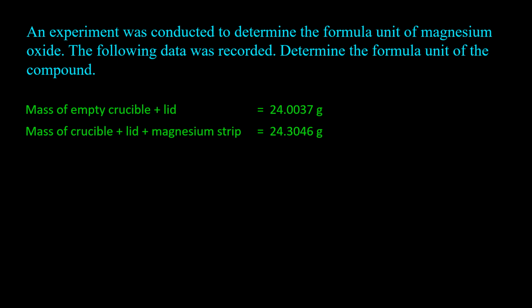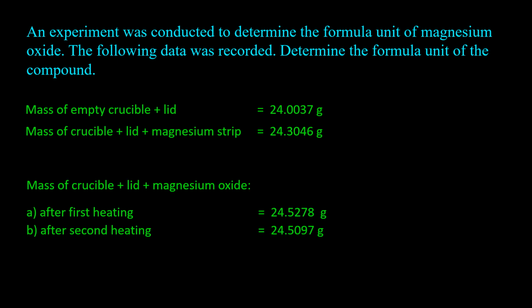After you complete your experiment, make sure you record the mass of the crucible, lid and magnesium oxide. You have to take several readings until the current reading minus the previous reading gives a difference equal to or less than 0.02 gram.